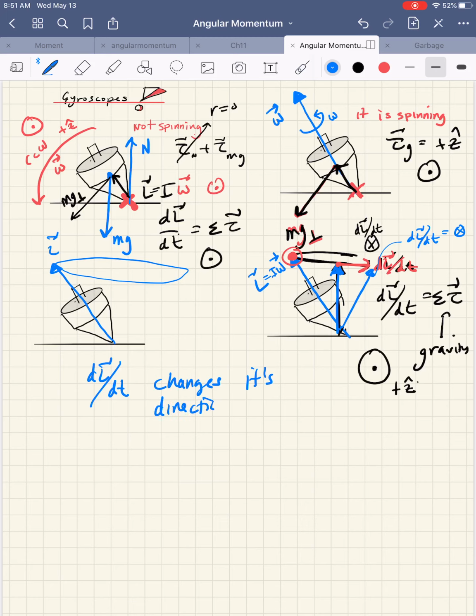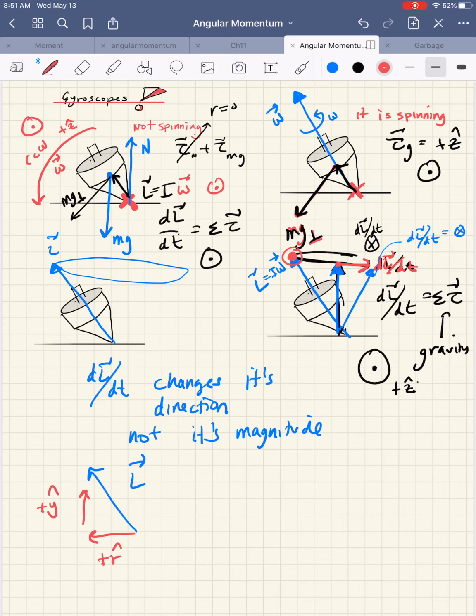It changes its direction, not its magnitude. And so you can observe that angular momentum, let's just say in this part, due to just the spinning nature, will have a component in the positive y hat and a component in the positive radial direction.